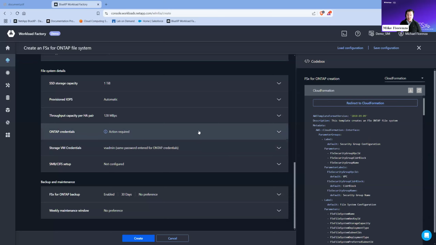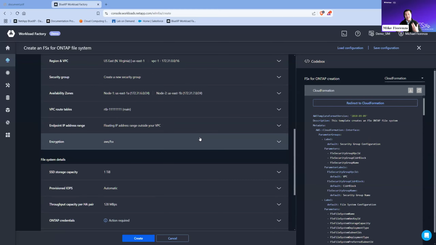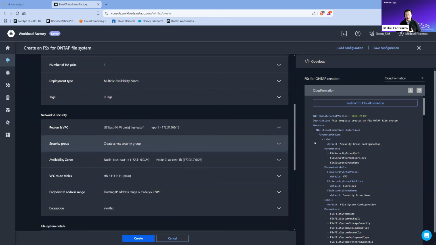So again, going back to what Danny had mentioned, you can still do this and get this type of information, this level of customized access, but you don't have to ever click create. You can get this code template and then take it and go off on your own if you so choose.